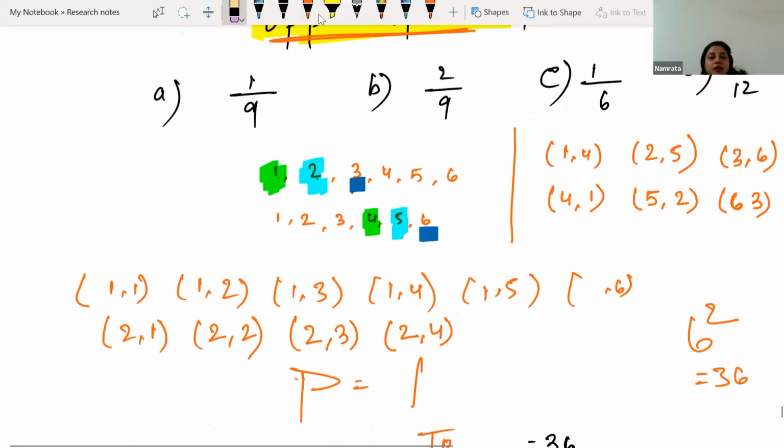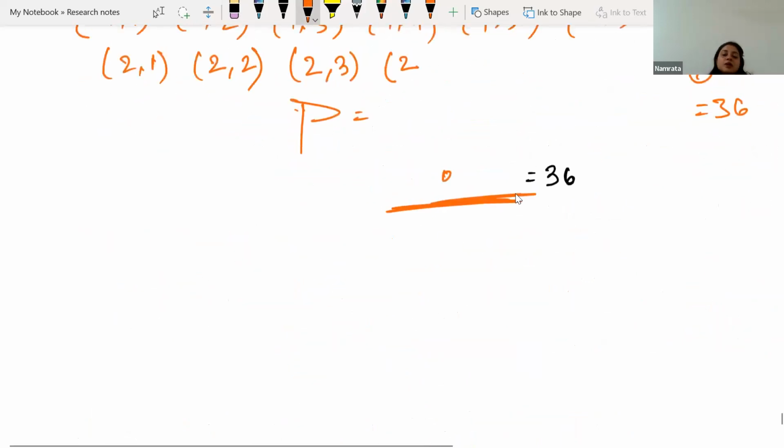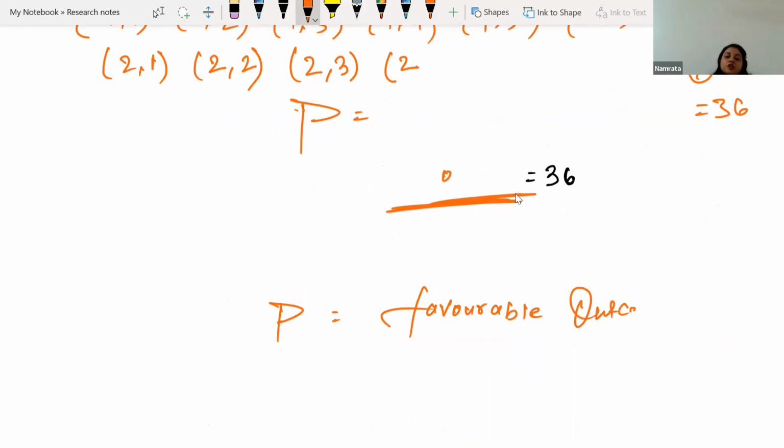So a total of 36 outcomes are there. Let's write it here: total probability will be favorable outcome by total number of outcomes. I said that the total number of outcomes when we are throwing 2 dice will be 36. When we are throwing 1 die, it will be 6.